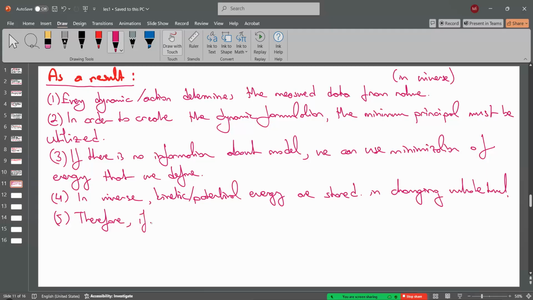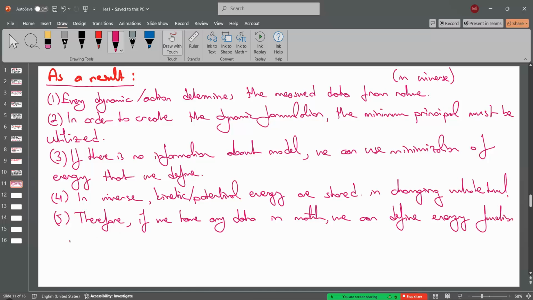So therefore, if we have any data in mathematics, we can define an energy function and minimize it to find the correct model.